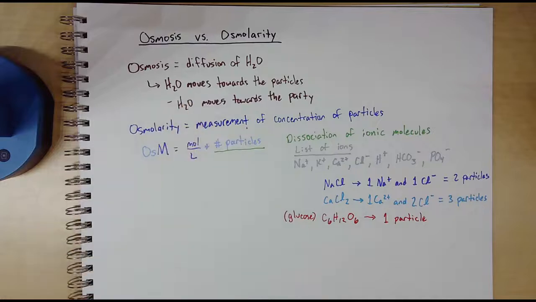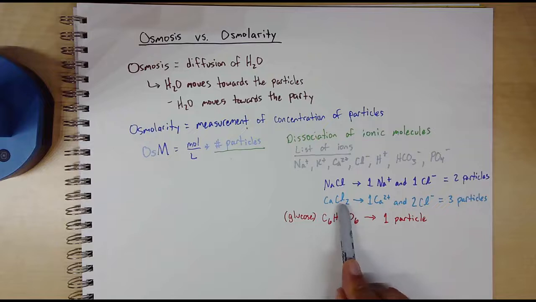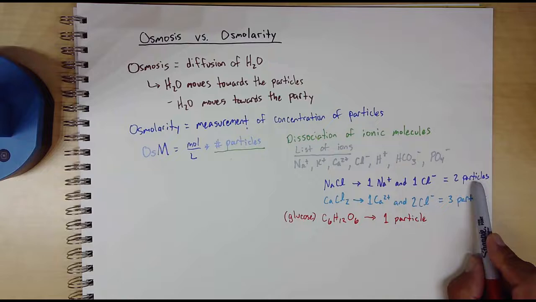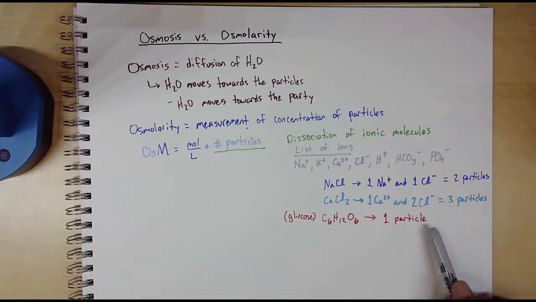The bigger the party, the more water moves, at a faster rate too. So what did you just find out about something like sodium chloride and calcium chloride relative to glucose? Calcium chloride has 3 particles, and that's the biggest party. Sodium chloride has the second biggest party, and glucose basically is not even a party.